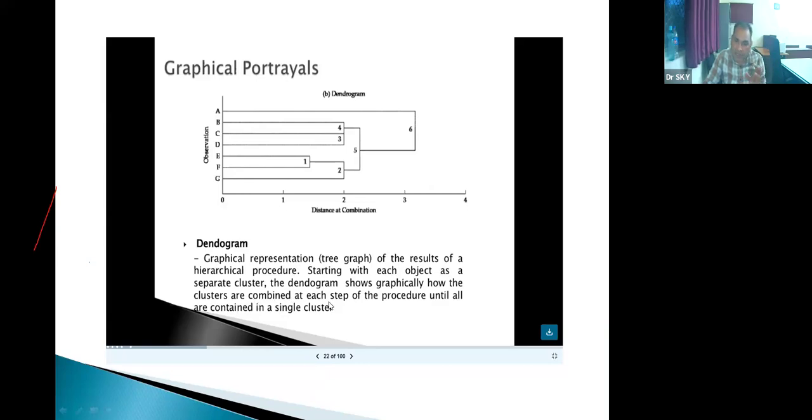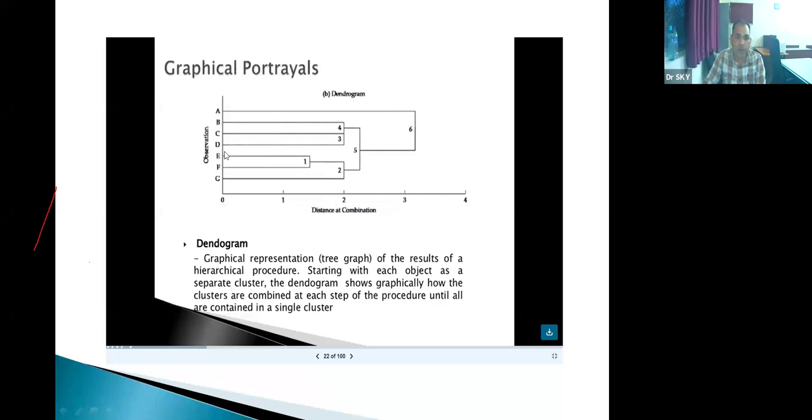And then we combine them on the basis of the distance. So this shows graphically how the clusters are combined at each step of the procedure until all are contained in a single cluster. See, at first step, what we have done?